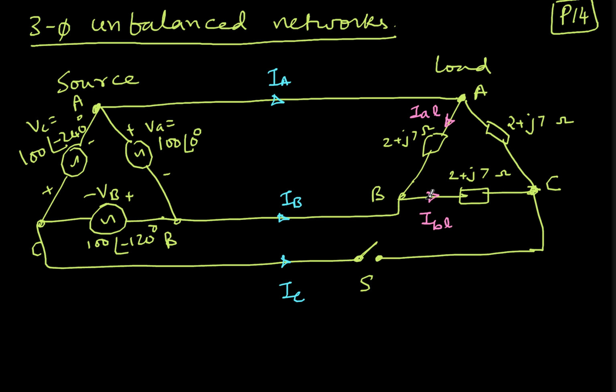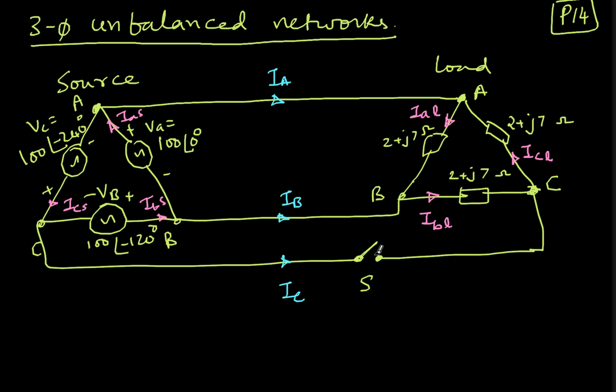IBL is the B phase load current, and let's consider this as ICL, the C phase current of the load. Similarly, let's call this IAS, the A phase source current, and this IBS, and this ICS.